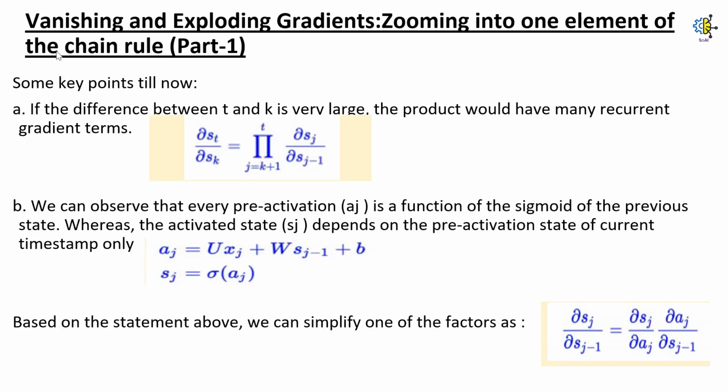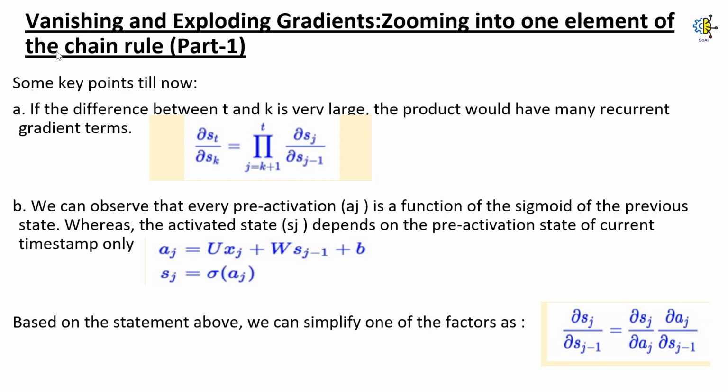Zooming into one element of the chain rule. This is part 1. Some key points till now. If the difference between t and k is very large, the product would have many recurrent gradient terms. We can observe that every pre-activation Aj is a function of the previous state, whereas the activated state Sj depends on the pre-activation state of the current time stamp only.